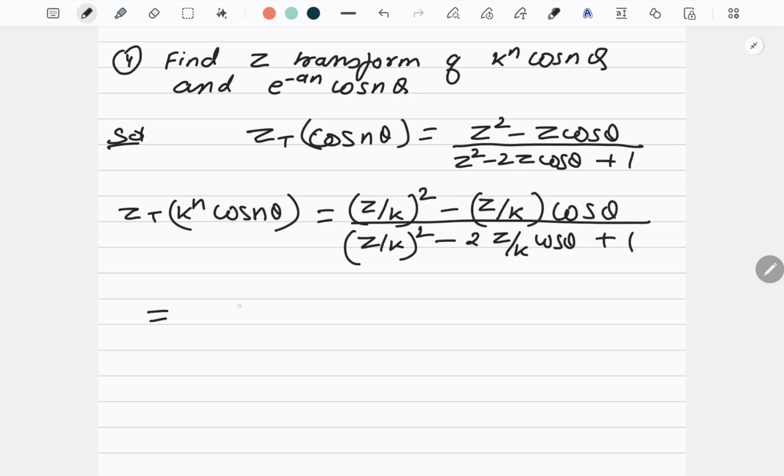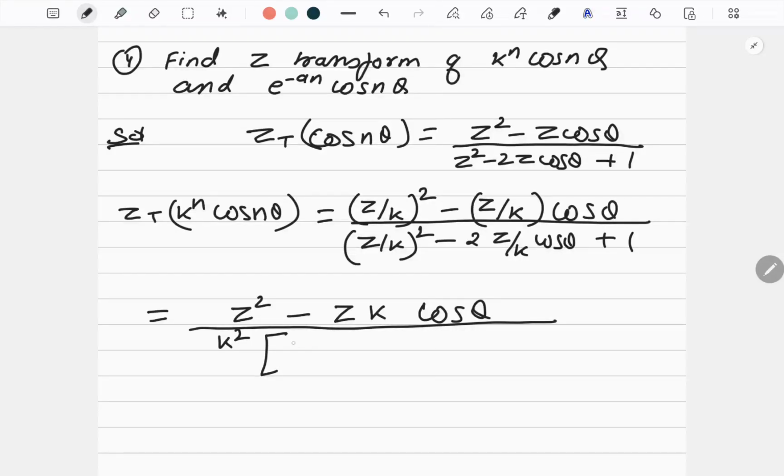Take the LCM in the numerator. So, LCM in the numerator will be k square. So, z square minus zk, because I have here only k. LCM is k square cos theta upon this k square goes here. Now denominator also you take the LCM.